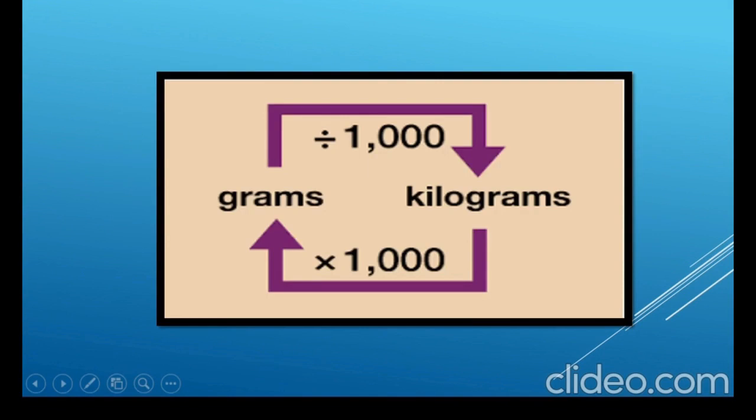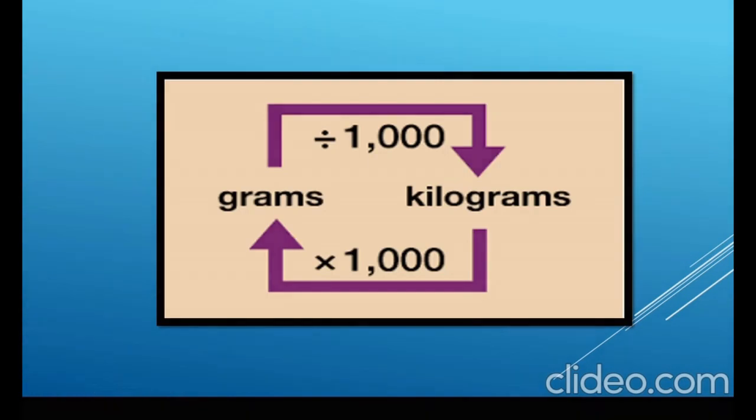Again, when we want to change from kilogram to gram, it means from the big unit to the small unit. There is always a rule. When we go from kilogram to gram, we multiply.